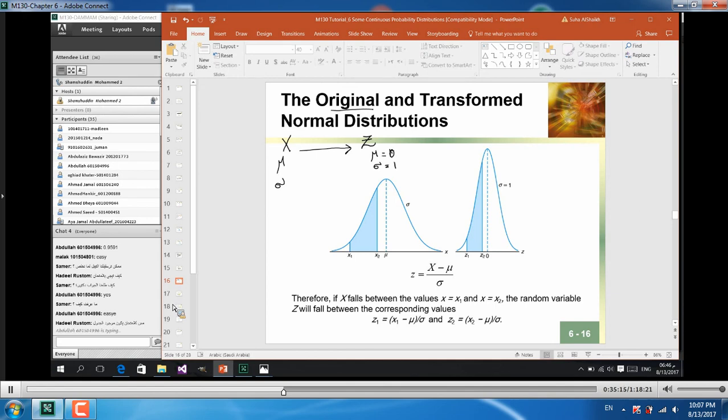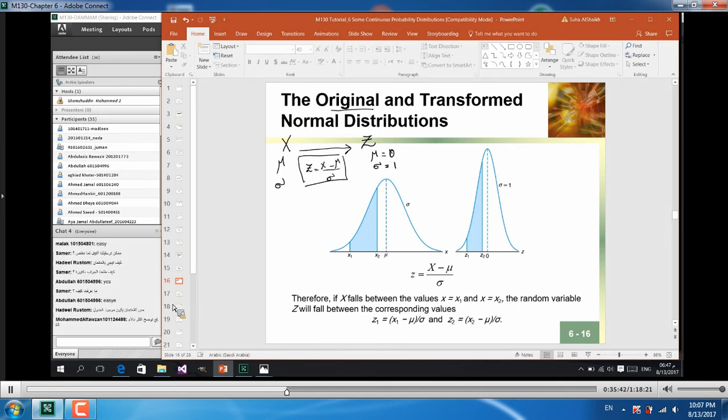So how can I do that? We change x to z by taking away mu and dividing by sigma for each x. In the exam they give you the part of the table that you will need, not the whole table, no need to worry. So to change the x to z, it is x minus mu divided by sigma.